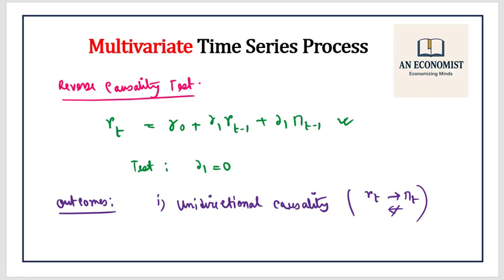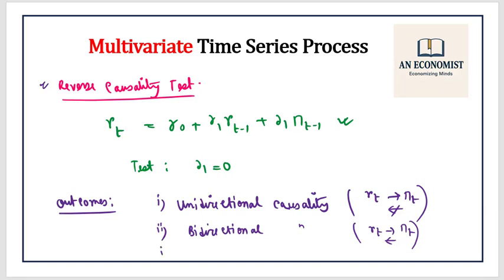We have already proved that RT is Granger causing pi t, but if pi t is not Granger causing RT using this reverse causality test, you will say only the unidirectional causality exists. And it could be the bidirectional causality. It's very simple: RT is Granger causing pi t and pi t is also Granger causing RT.